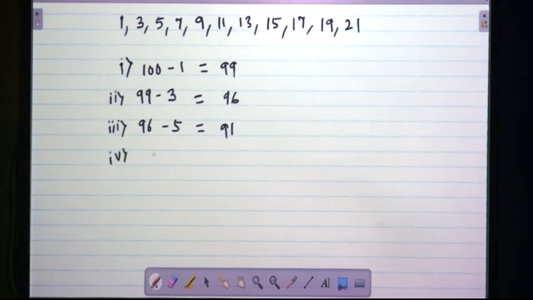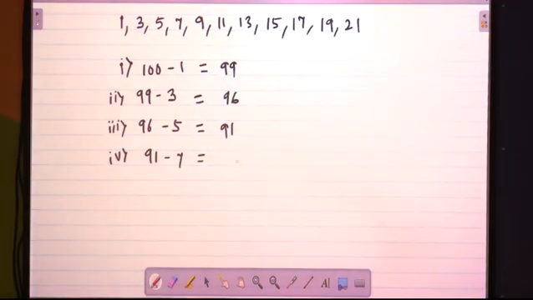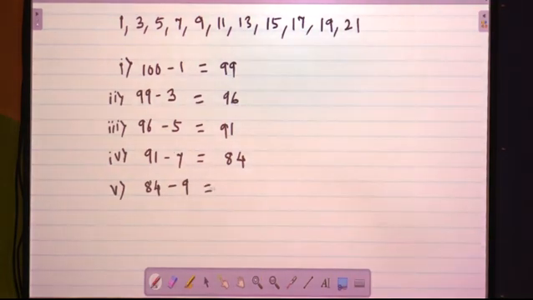Next step, 91 minus 7 is 84. 84 minus 9 is 75. Sixth step, 75 minus 11 is equal to 64.